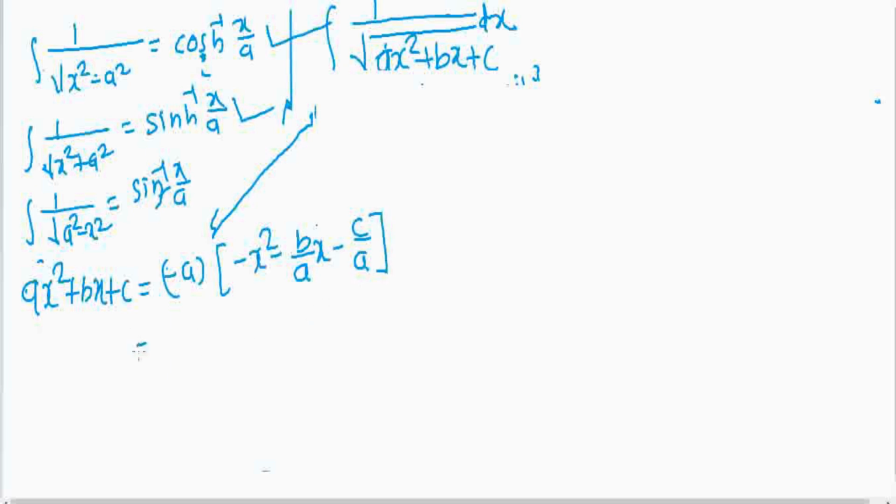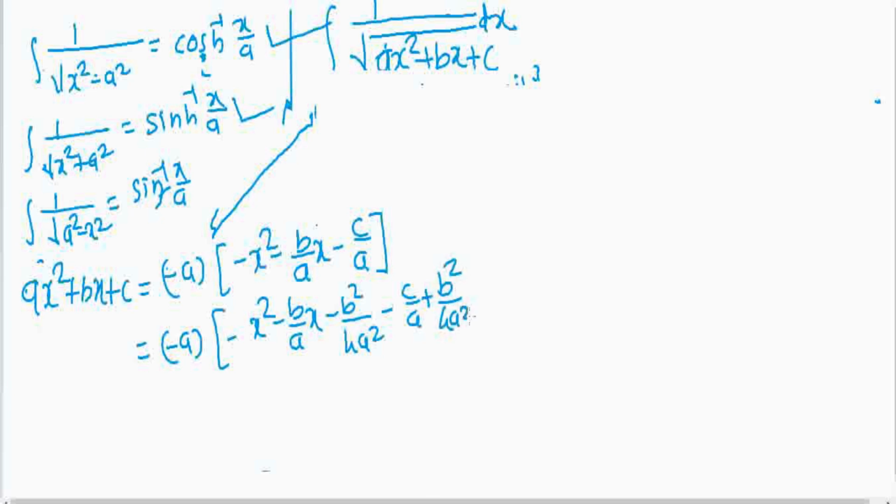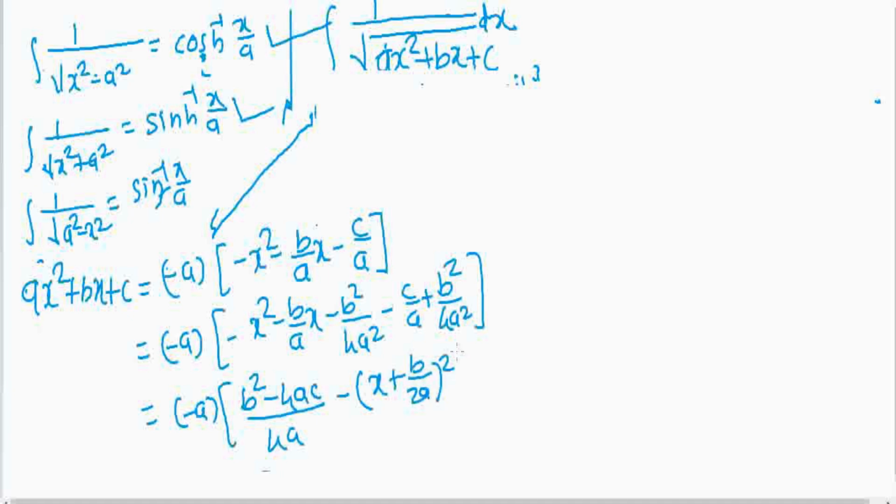So this is equal to minus a into minus x square minus b divided by a x minus b square divided by 4a square minus c divided by a plus b square divided by 4a square, equal to minus a into, we write this term first, b square minus 4ac divided by 4a square, and if we take minus common, we have x plus b divided by 2a whole square.